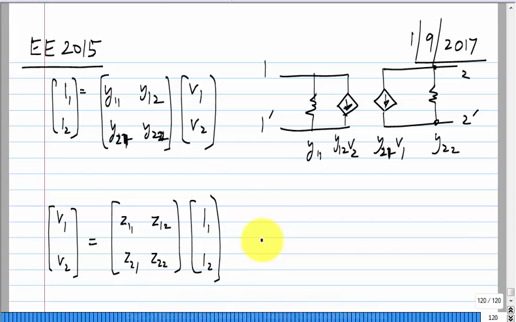Okay. The Z parameter matrix is like the resistance, and this is like the conductance. Okay.